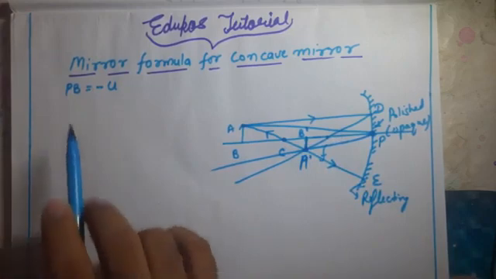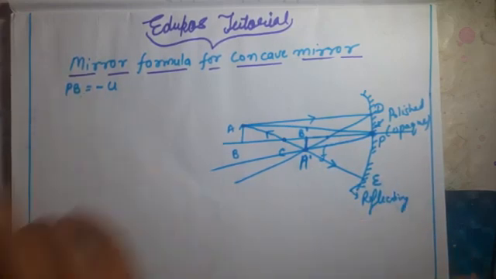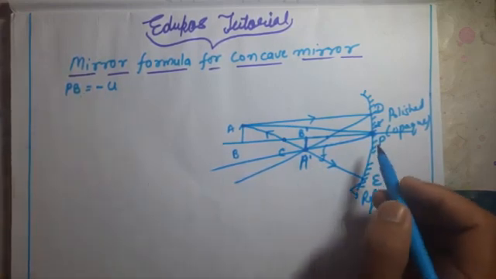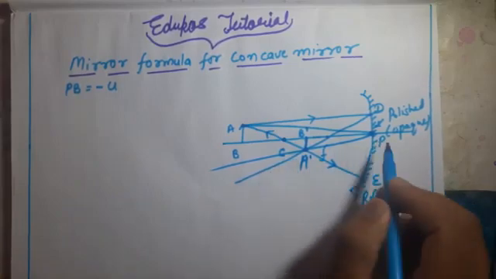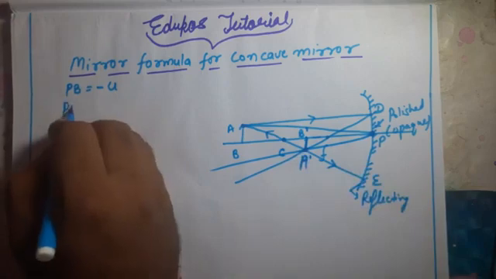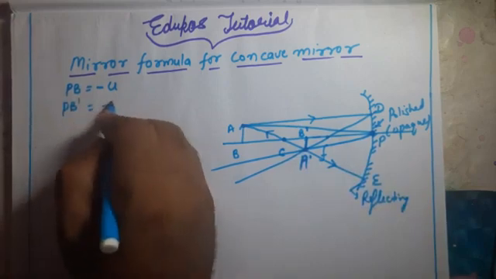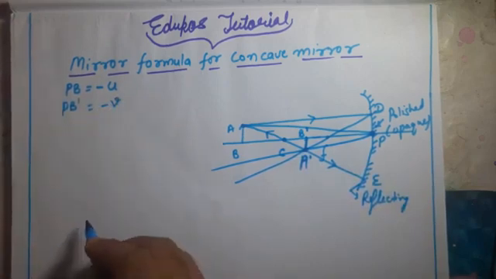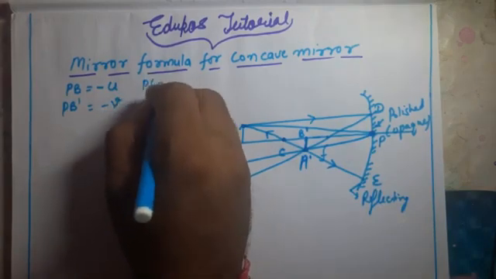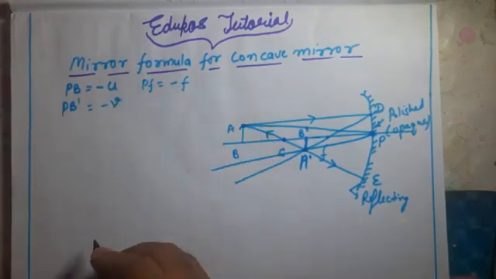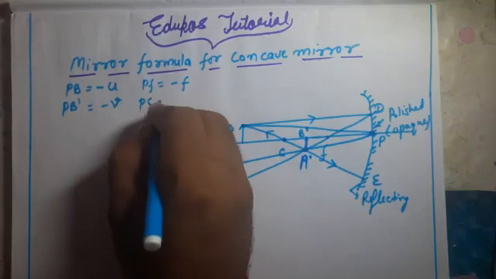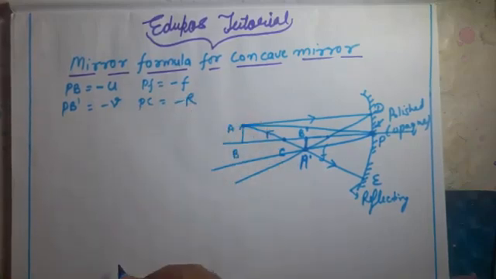So here PB is equal to minus U, and the distance of the image from the pole, PB dash, can be written as minus V. PF can be written as minus F. PC can be written as minus R.